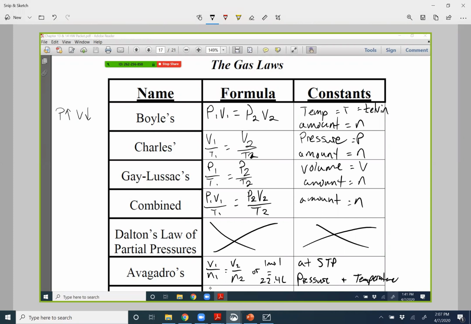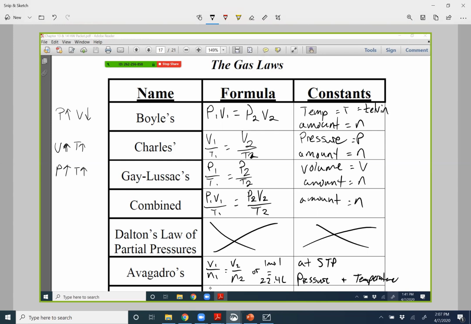For Charles's and Gay-Lussac's laws, we have a direct relationship, meaning they go up together. But not when temperature is in degrees C. Only when temperature is in Kelvin do we see the directly proportional relationship.